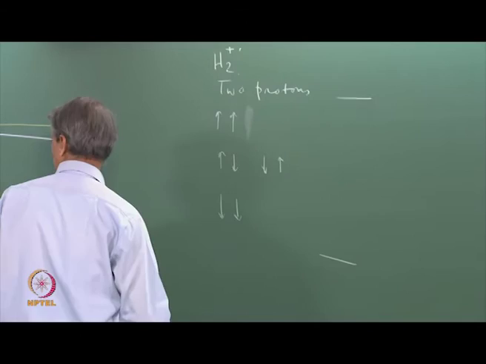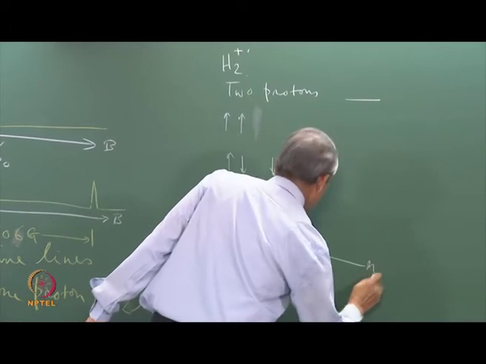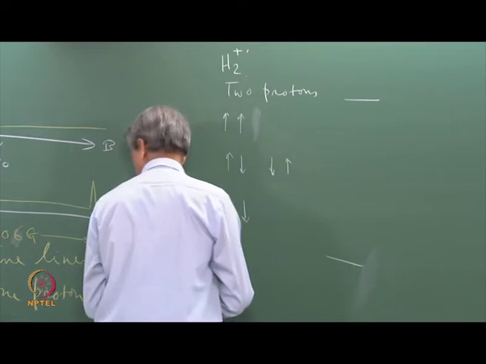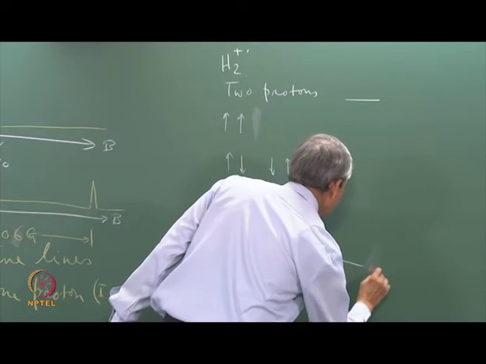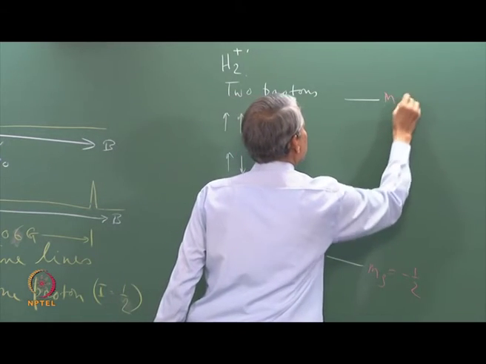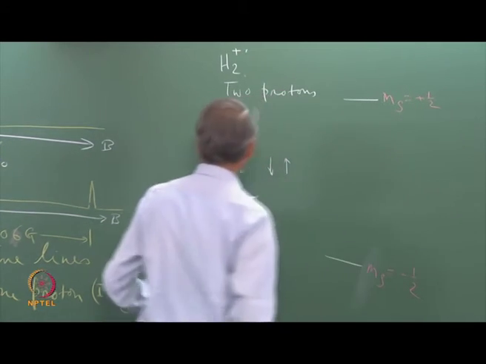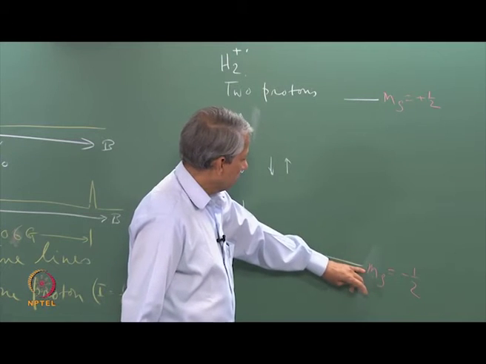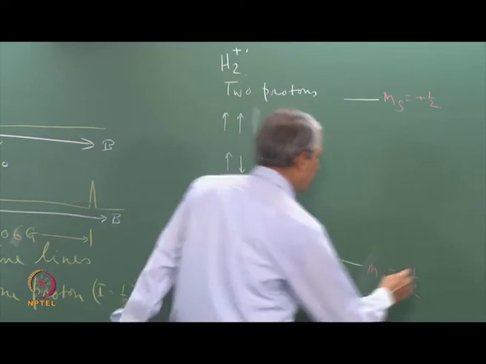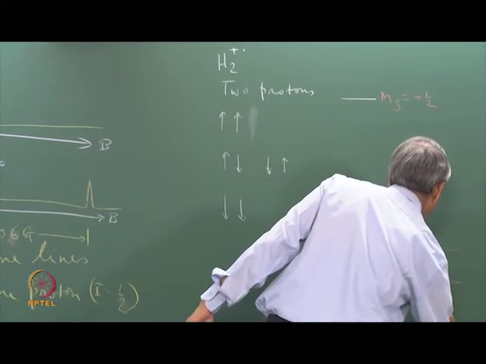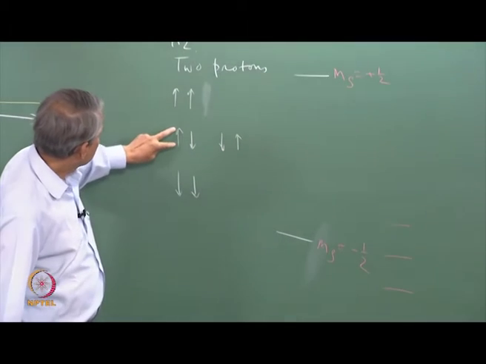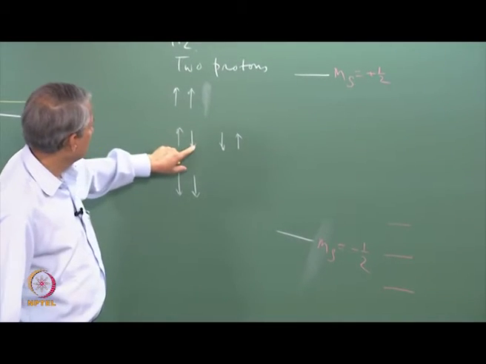I have got these two energy levels. Now for this electron spin of minus half, these are the possible nuclear spins. So, this will split into this. Now, imagine here the nuclear spin of the first is opposite to the second one.